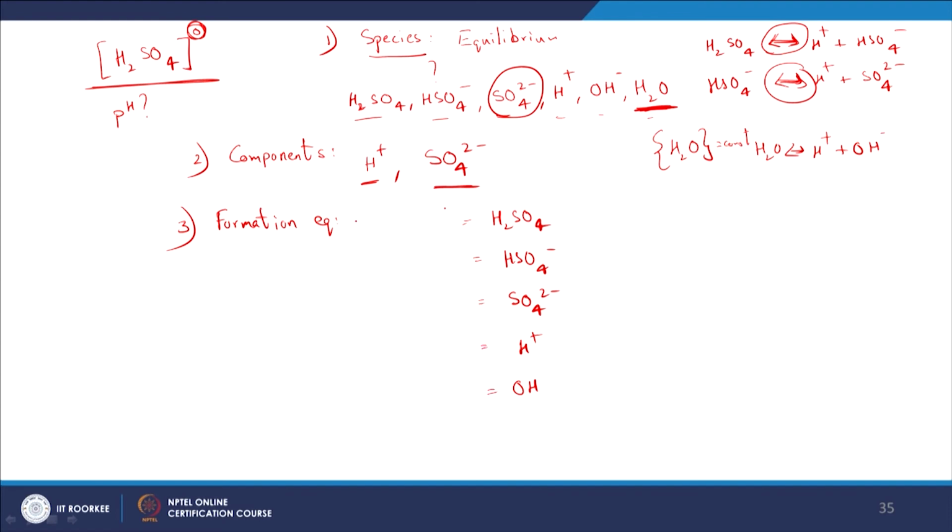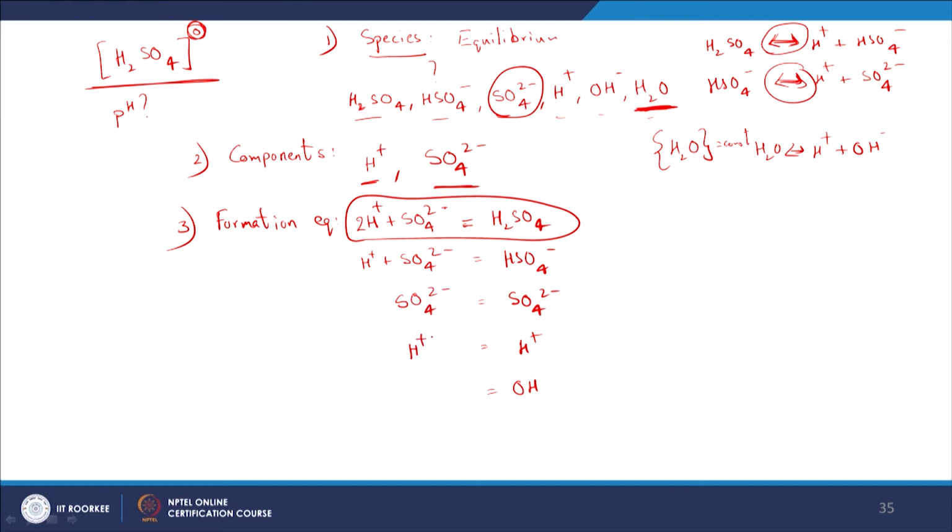Obviously I need 2 blocks of H plus and 1 block of SO4 2 minus. Keep in mind that this need not be similar to any chemical reaction that you see; these formation equations can be hypothetical, right. And then we need 1 H plus and 1 SO4 2 minus to form HSO4 minus. I only need one SO4 2 minus to form SO4 2 minus.